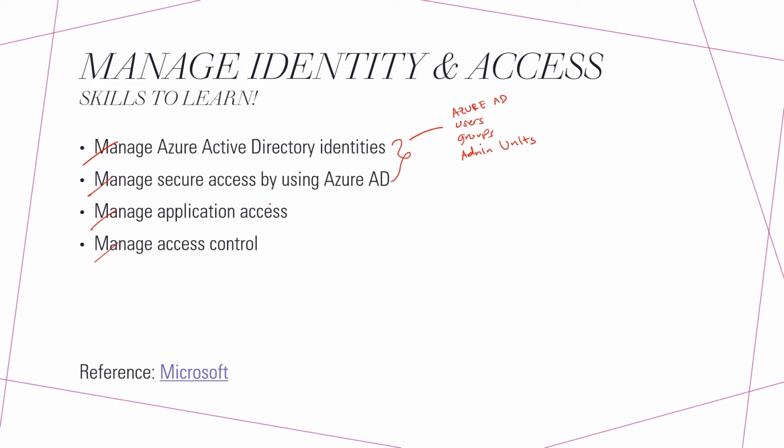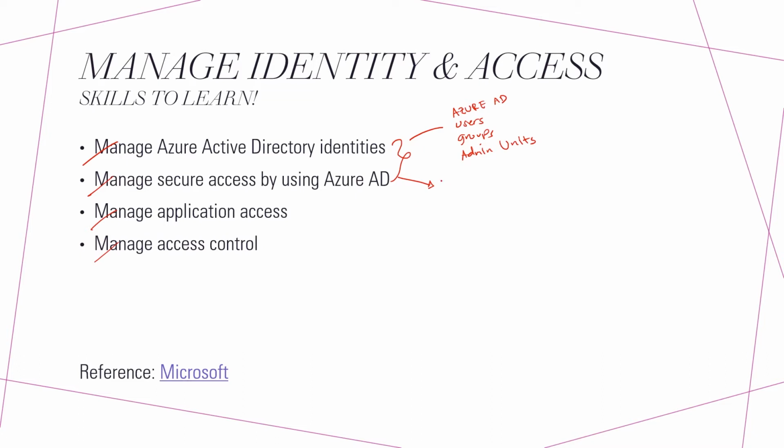All right, and then on securing access by using Azure AD, I'm not sure if we can fit it in one part, but that would be the features that Azure AD has, and how we can use Azure AD to secure access to your organization's data.